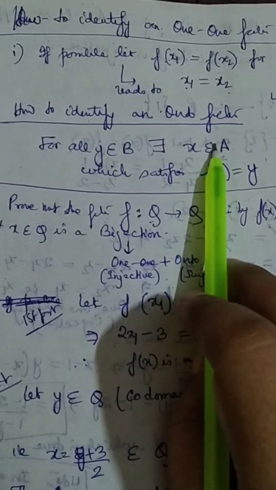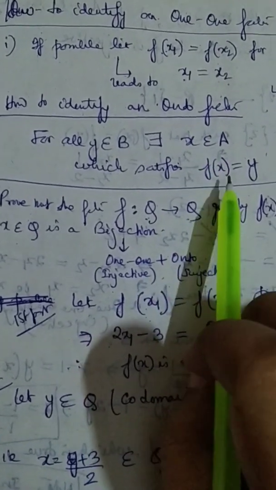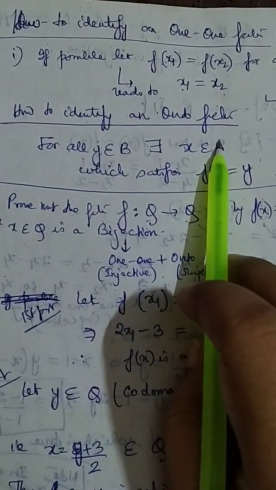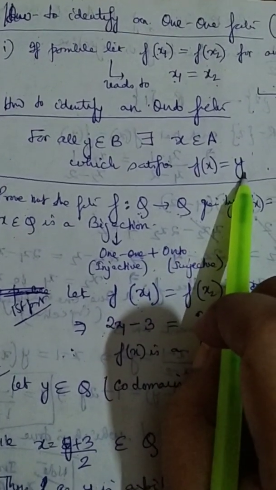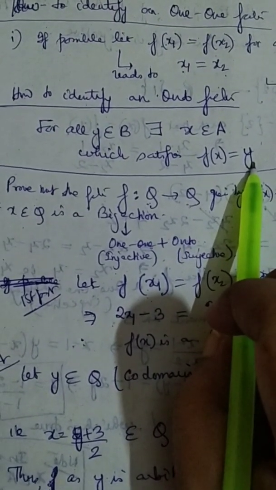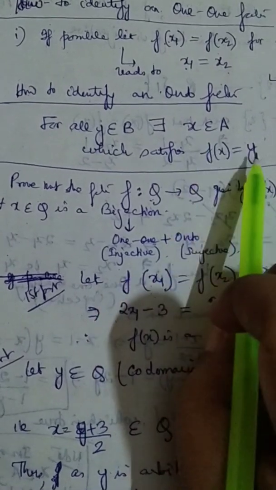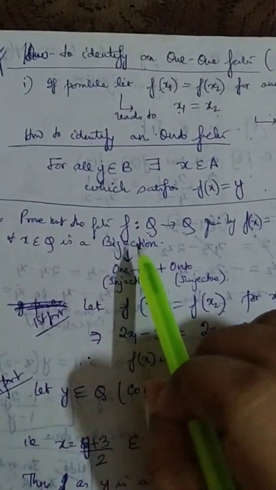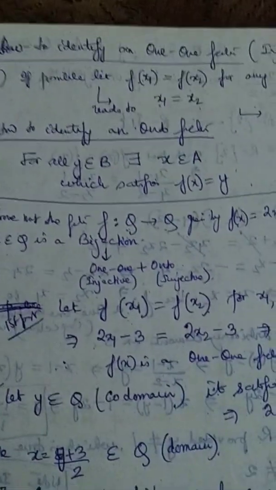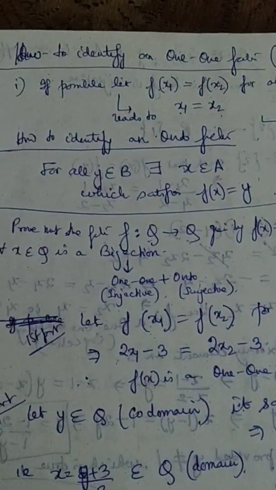Otherwise my aim will be to find the value of x which belongs to the domain and corresponds to the solution of the equation f(x) equal to y, because that x is going to be the pre-image of y. So these are the ways of identifying a 1-1 function and an onto function.